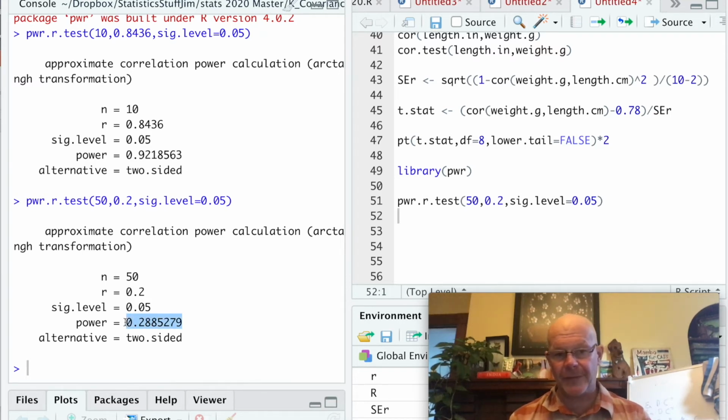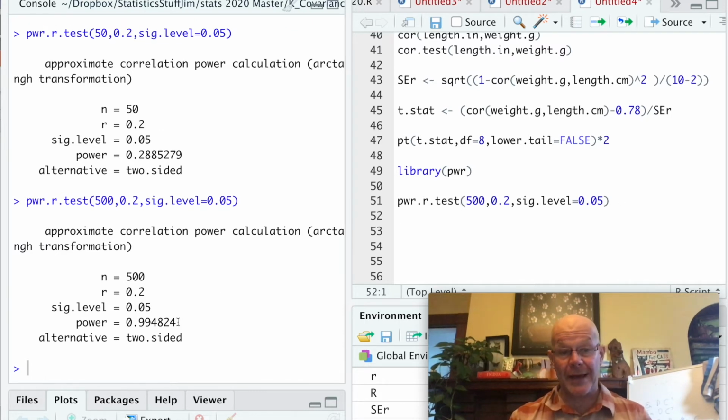So you can't really feel that good about, yeah, we failed to reject the null, with the caveat that our power was really, really crummy. And then obviously, as sample size would increase, you would have more and more power, right? So the same kind of rules apply that applied before when we played around with power analyses. Now let's pretend we had 500 observations. Now we have ridiculous power, and we're going to detect that.